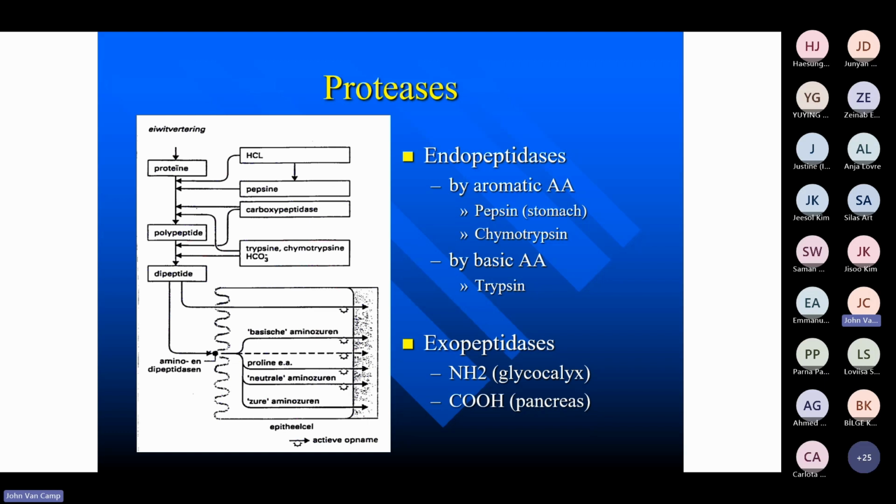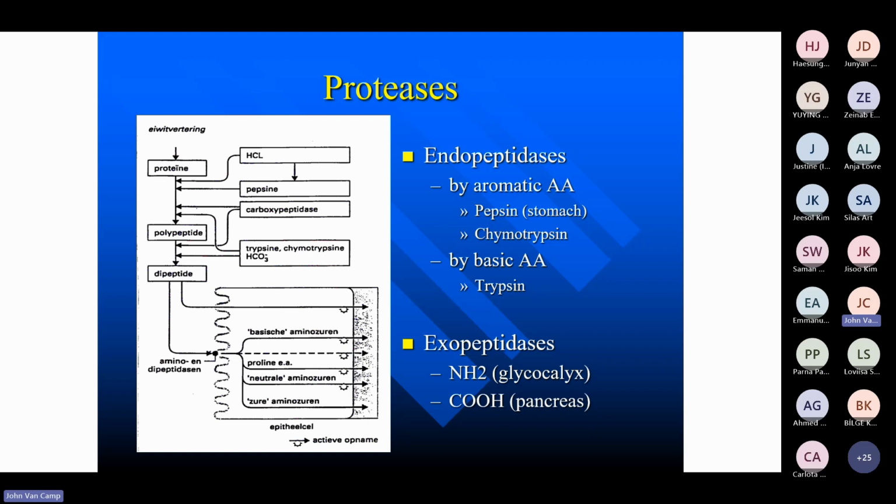And these polypeptide fractions are further broken down into dipeptide fractions by trypsin and chymotrypsin that are further cutting down the peptides. And then in order to make very small fractions, which finally end up with the production of amino acids, we use the exopeptidases, whereby we have an amino exopeptidase, which is physically located near the glycocalyx.